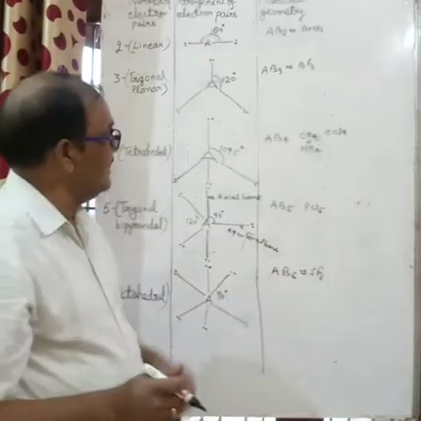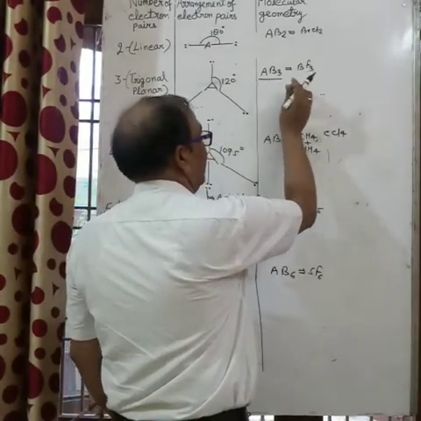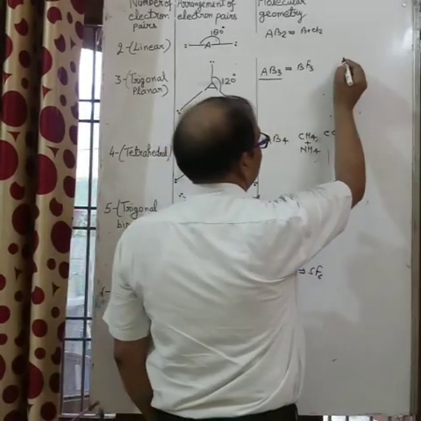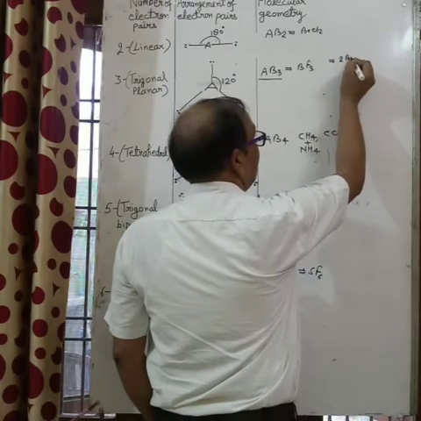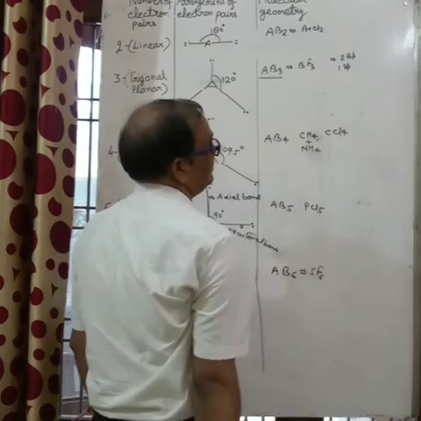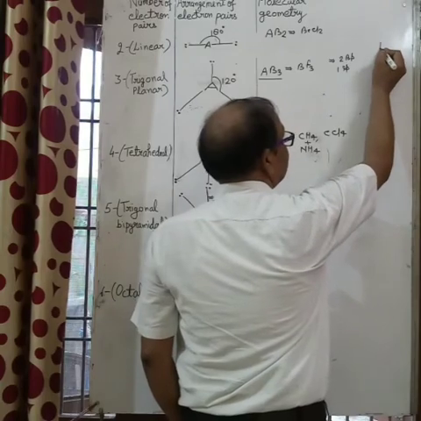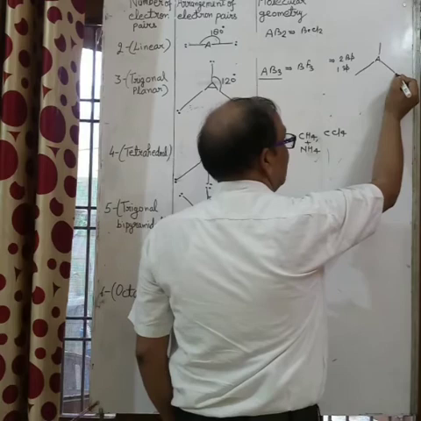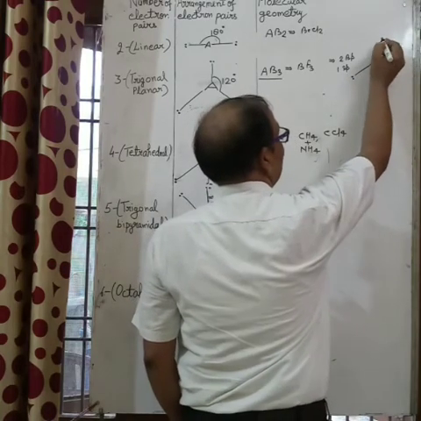Okay. For example, suppose in case of 3 pairs of electrons, there are 2 bond pairs and 1 lone pair of electrons. So A is the central atom, and there are 2 bond pairs and 1 lone pair.